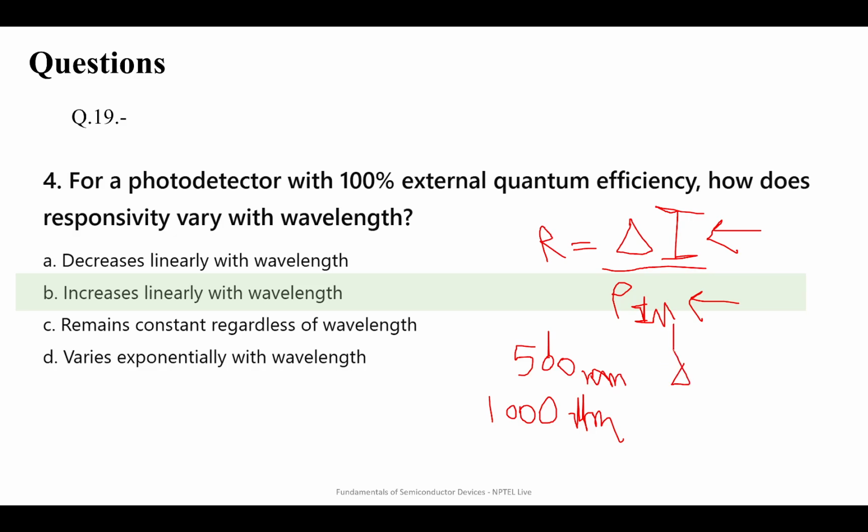Let's say here my current is delta I1 and here my current is delta I2. What is the relationship between delta I1 and delta I2? Then obviously delta I1 is greater than delta I2. How? Because, sir, we know my P1 is equal to P2, and in both cases I am keeping my power the same.